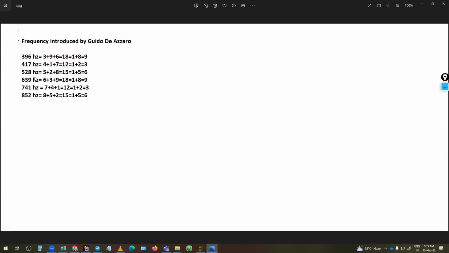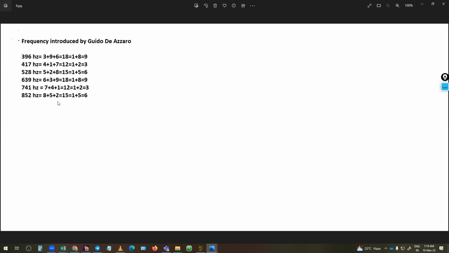In the previous part, at the last time I told about some frequency. These frequencies or musical notes were invented by a Benedictine monk in the 11th century named Guido d'Arezzo.